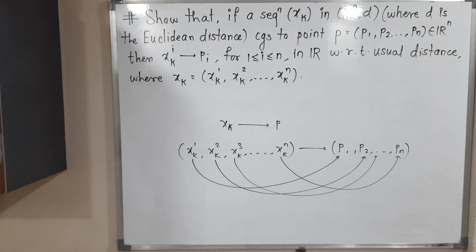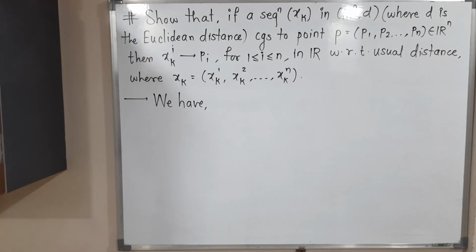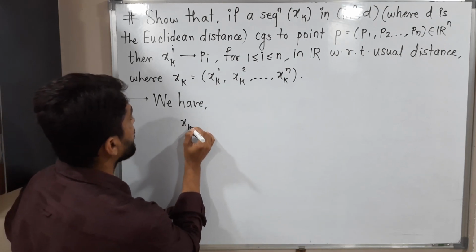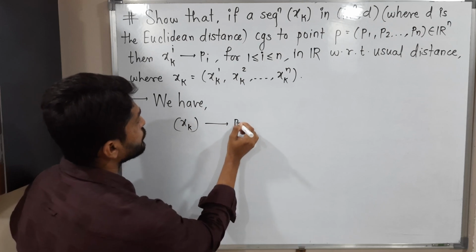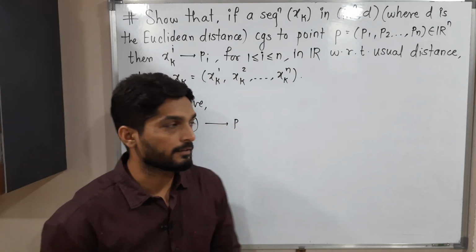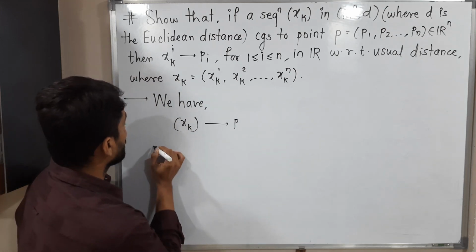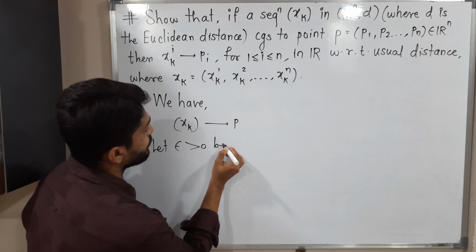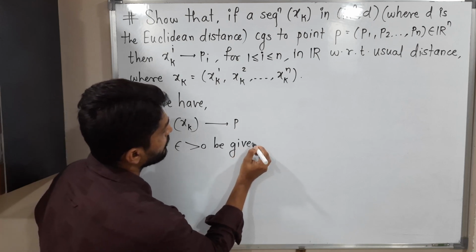I am writing here that we have the sequence xk converging to point P. So I am going to follow the definition of a convergent sequence. First of all, I take epsilon greater than 0 to be given.